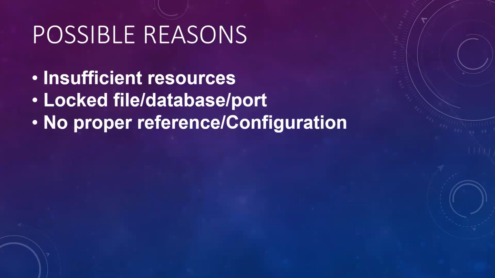Third thing, no proper reference or configuration. What does this mean here? Reference is nothing but, let's say your config file is present in /etc as postgres.conf, let's say as one example, right? But what you gave, instead of /etc, is /opt, referencing /opt/postgres.conf, right?